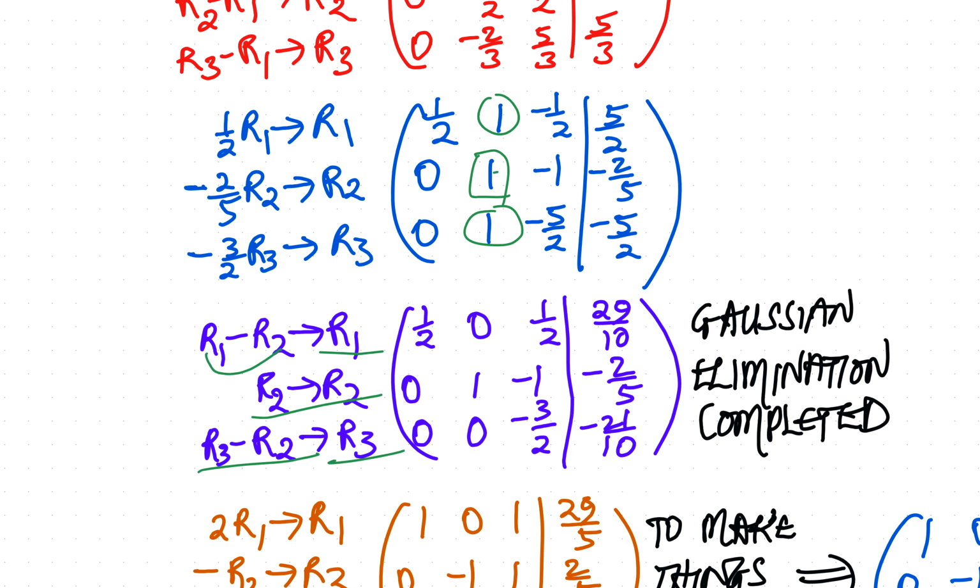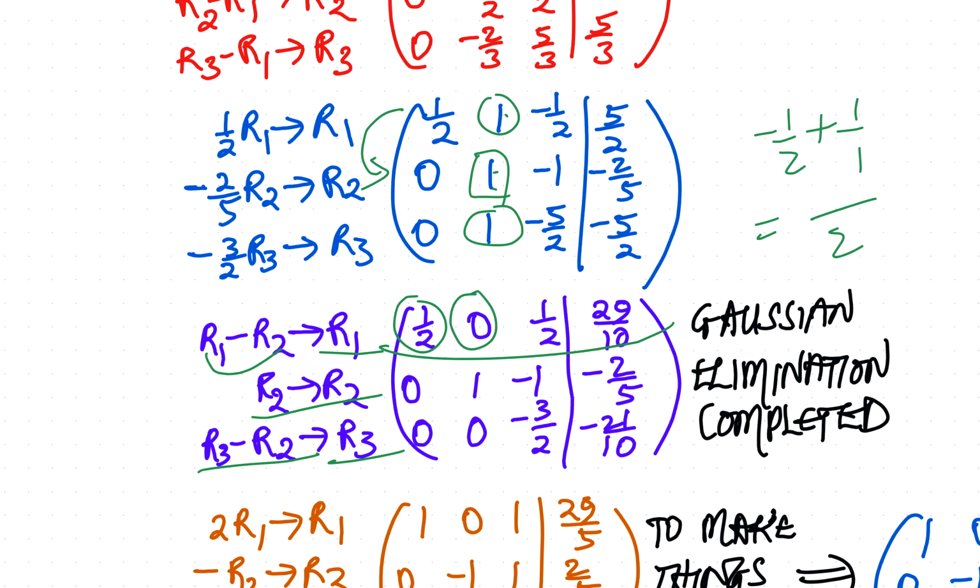R1 minus R2. So half minus 0, you have half. 1 minus 1, you have 0. Then minus half minus minus 1, that's minus half plus 1 over 1. LCM is 2. That's minus 1 plus 2, and that is 1 over 2. So that's why you have this.